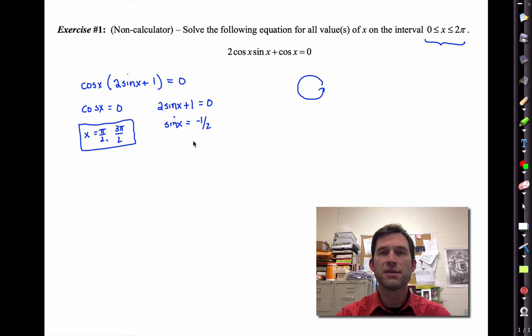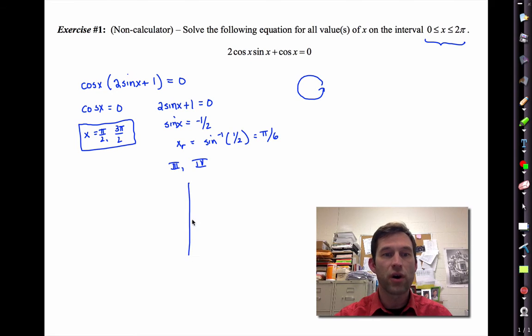I also have to ask myself, where am I going to hit a sine value of negative 1/2? Now, traditionally, this is how you would have learned to do it, and this is great. You think about a reference angle. The reference angle will literally be the inverse sine of positive 1/2, which based on the previous lesson would be pi over 6. Then we say, yeah, but sine is negative in the third quadrant and the fourth quadrant.